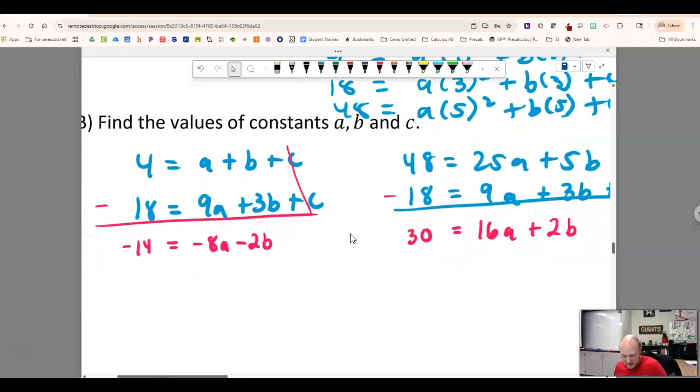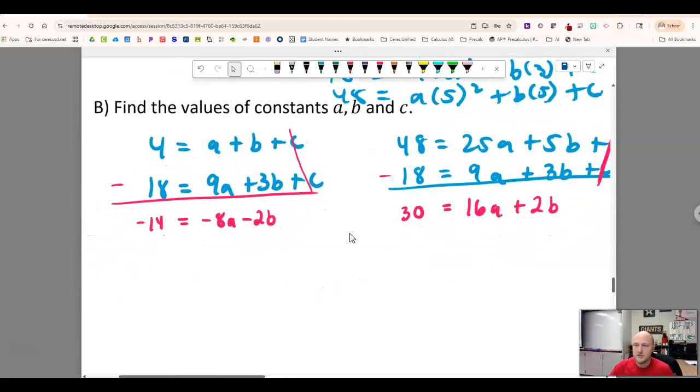Okay, check this out. Now I have a new system of equations. Let me just rewrite them down here. 30 is equal to 16A plus 2B. And actually now the negatives are going to work to my advantage: 8A minus 2B.